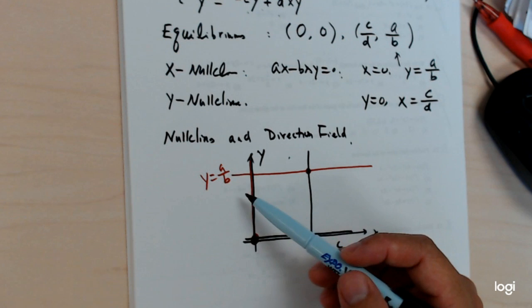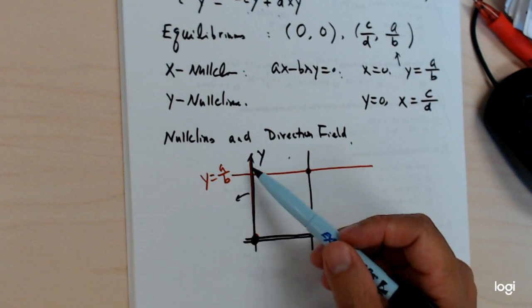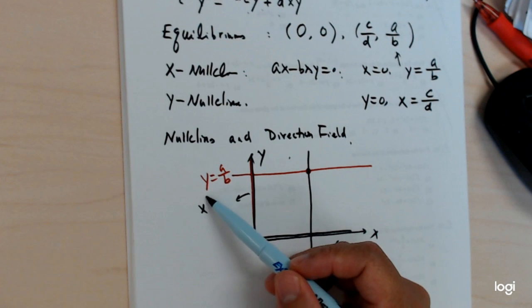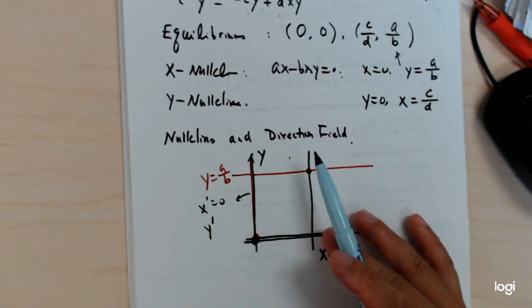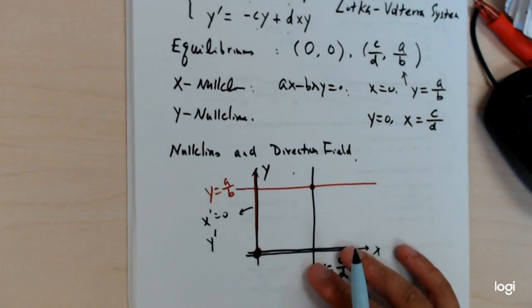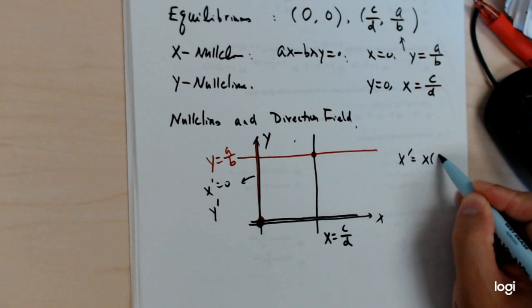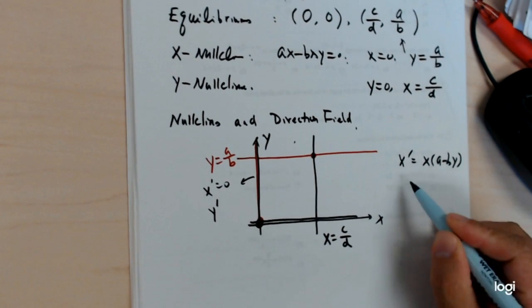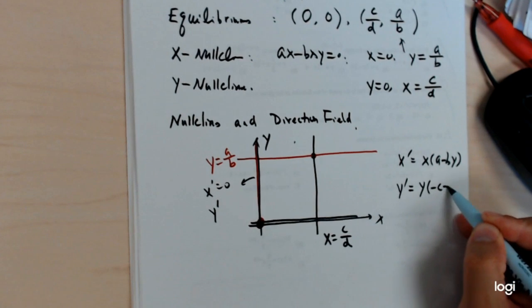Along this x nullcline, that's the x nullcline, x prime is always 0, so you have to study the sign of y prime. So once again, the equations are this. I'm going to write it back here so it's easy for us to check. And notice here I factored both sides.